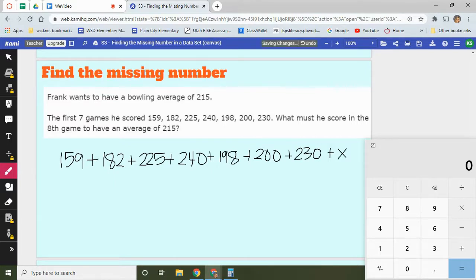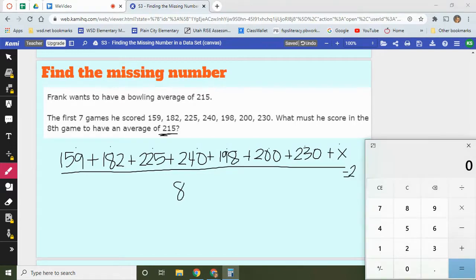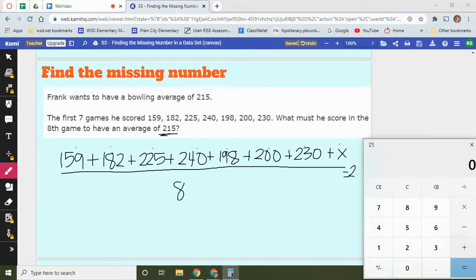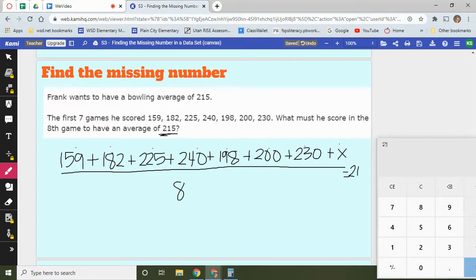It says, what must he score on the 8th game? All divided by, well, we know 8 games, right? 1, 2, 3, 4, 5, 6, 7, 8 gets us an average, or a mean, it says, of 215.